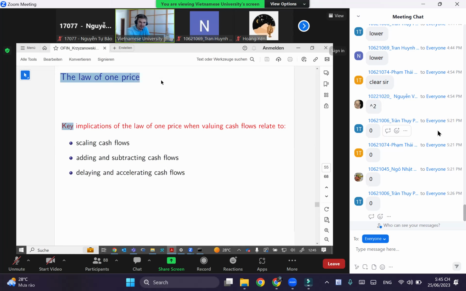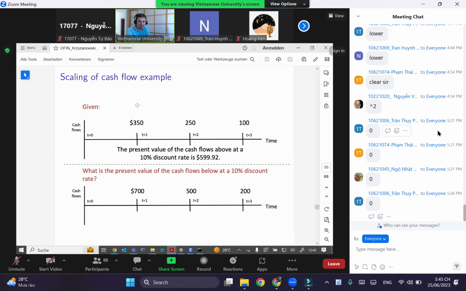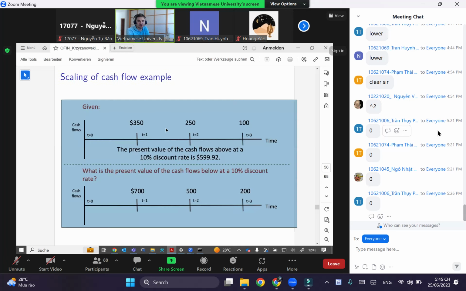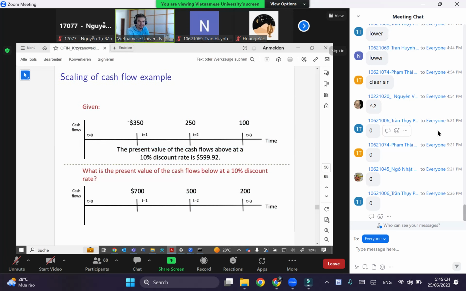So the first implication of the law of one price relates to scaling cash flows, right? Suppose here, to make this concrete, we have one investment opportunity which would give you 350 in period 1, 250 in period 2, and 100 in period 3. You have a second investment opportunity, which gives you 700 in period 1, 500 in period 2, and 200 in period 3.